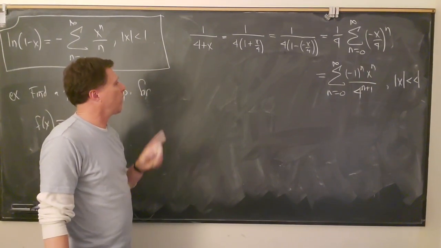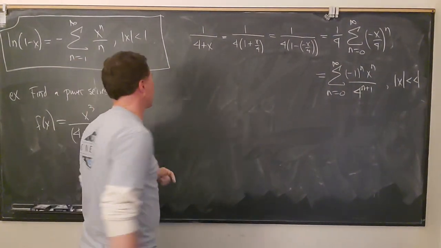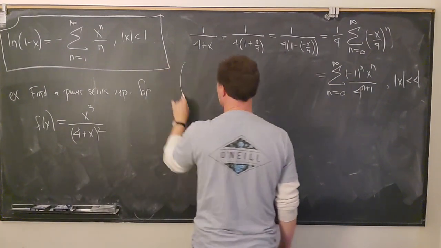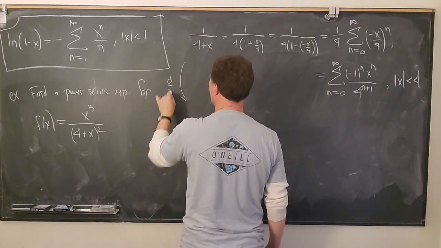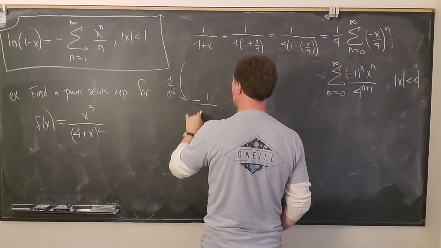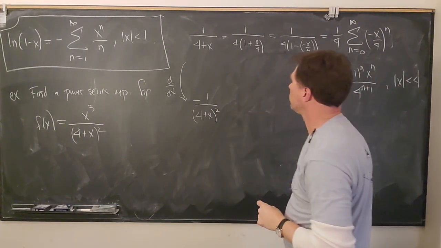Okay, so we've got a representation for 1 over 4 plus x. That's my first step. Now I'd like to get a square in the denominator, so I'm going to take the derivative. On the left-hand side, I will get negative 1 over 4 plus x quantity squared.